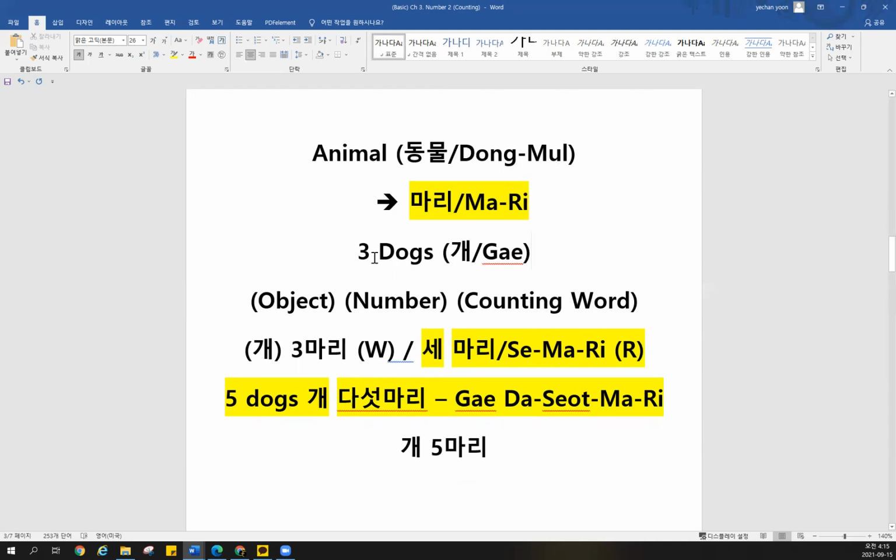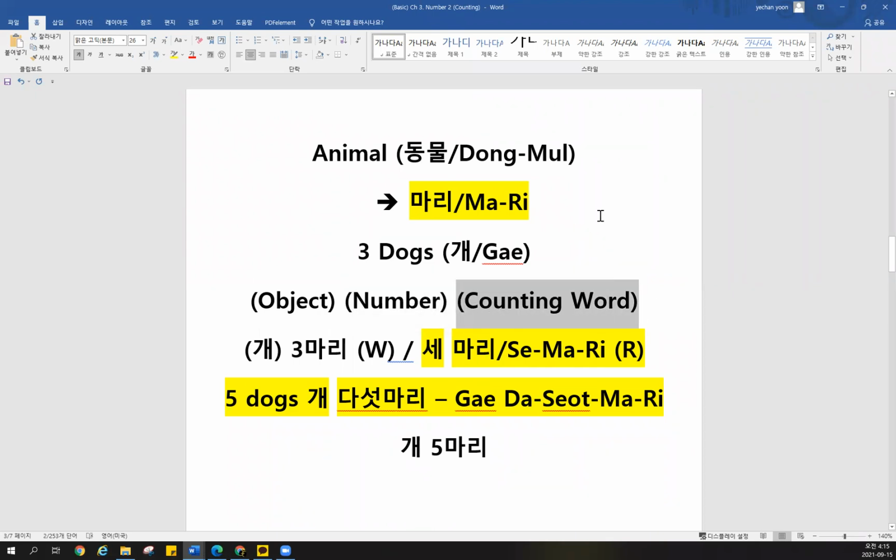So let's try with 3 dogs. I love dogs. How do you pronounce dog? 개. Okay, so the format is going to be like this: object, number, and counting word. One more time: object, number, and counting word.